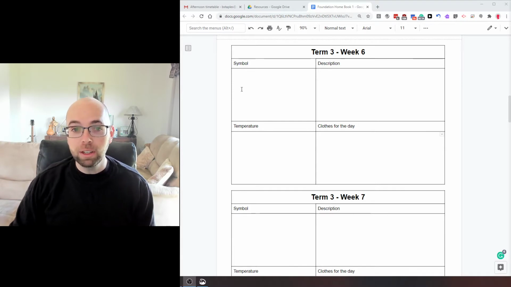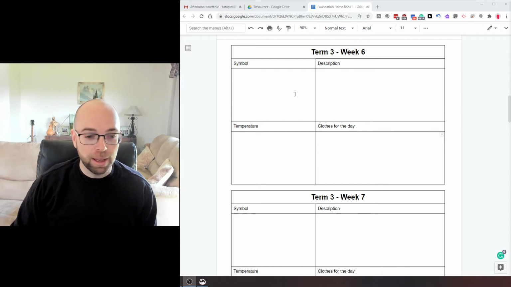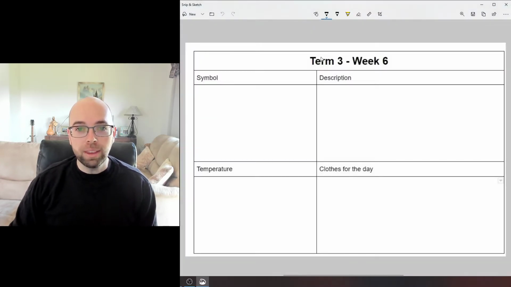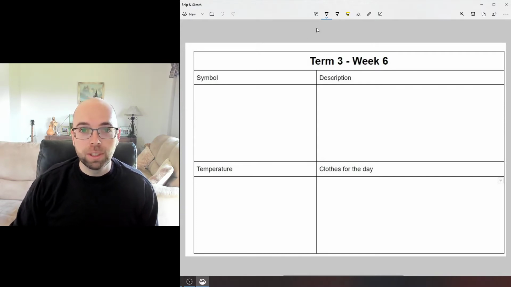Okay. Now we're keeping a weather diary each day for the next several lessons. So we'll get the hang of this, and I'll once again do one with you just in case you've forgotten how. So with this weather journal for today, you're going to have to start out with your weather symbol.